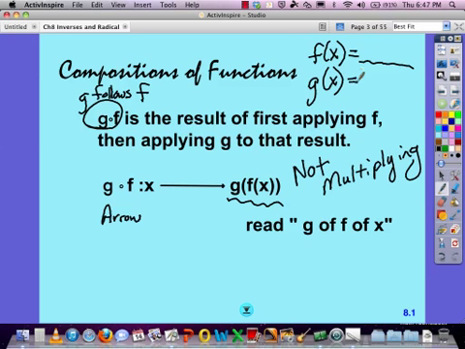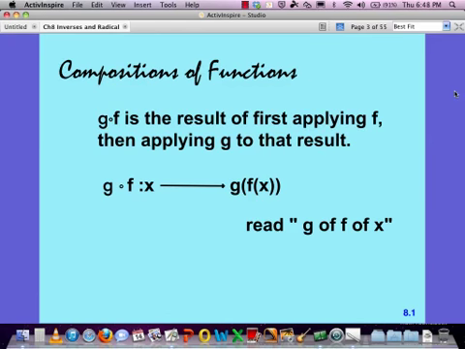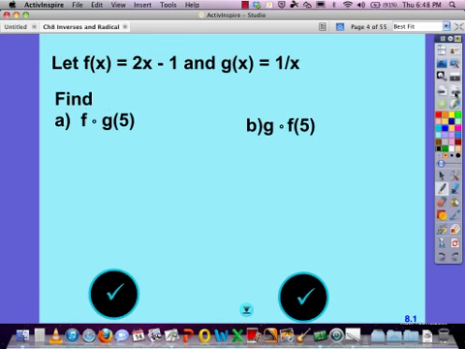And those functions, for example, could be nothing more than maybe a linear combination. Maybe it would be quadratic. So just rules, combinations of things that we need to work out, assess, evaluate, and it is read g of f of x. So knowing that, let's go ahead and try to evaluate, simplify a couple functions.